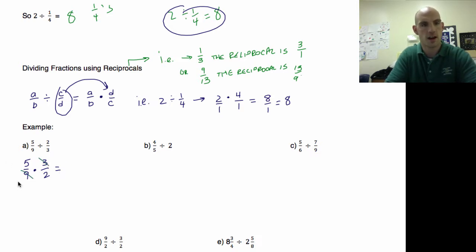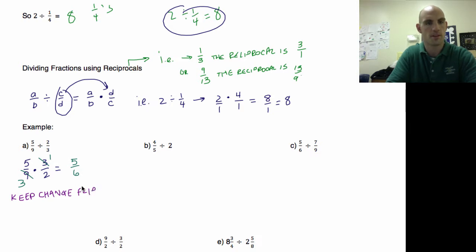So 3 goes into 9 3 times, 3 goes into 3 1 time, and so I'll have 5/6. The method here, we can call it the keep, change, flip method. We keep the first, change the sign, and flip the second.